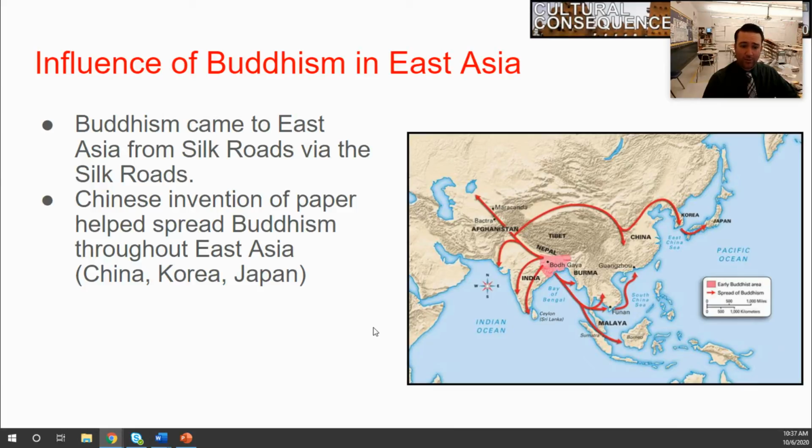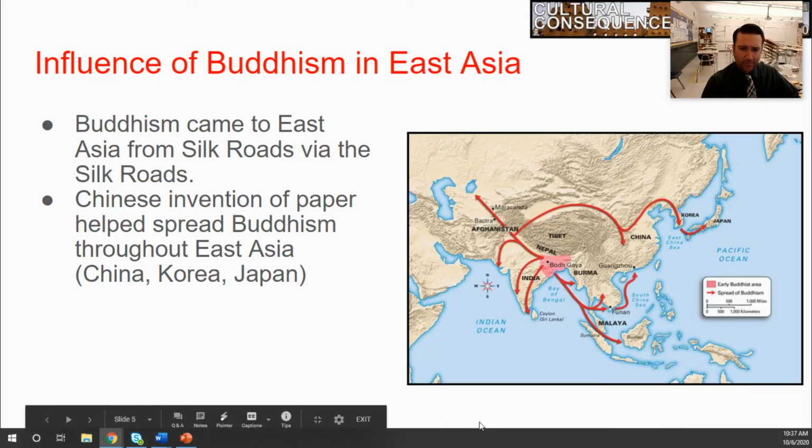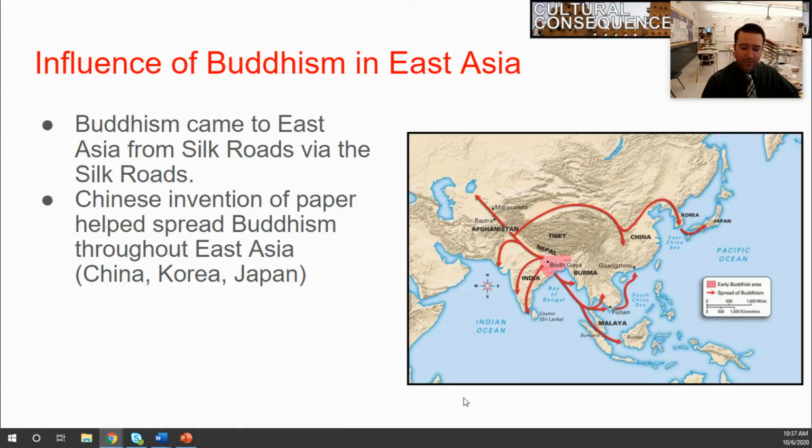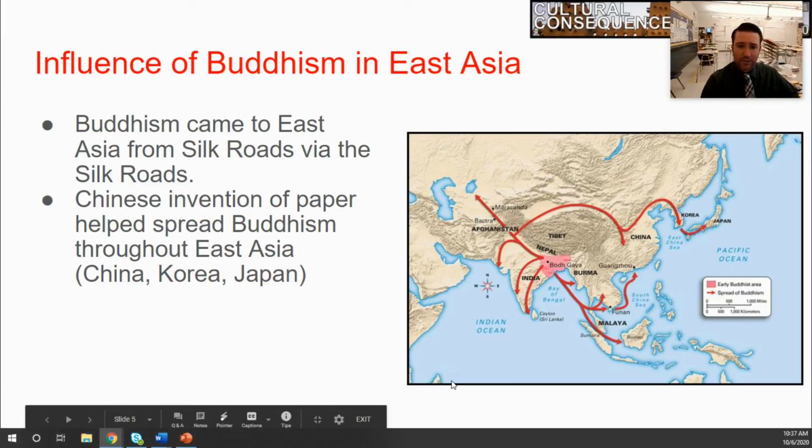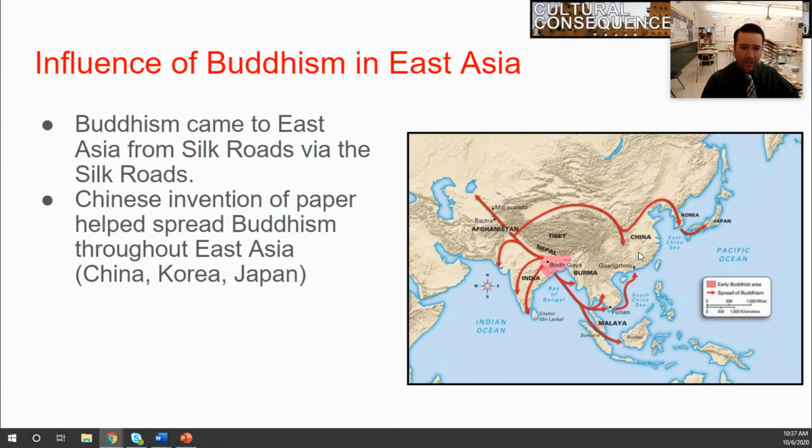Buddhism is one of the major religions of East Asia. Buddhism comes from northern India, the cultural hearth. And even though India does not fully adopt Buddhism in the long run, the missionaries and the merchants that travel along the Silk Road will spread it into East Asia and along the Silk Roads in general.